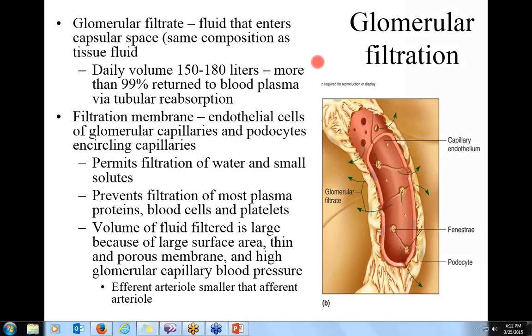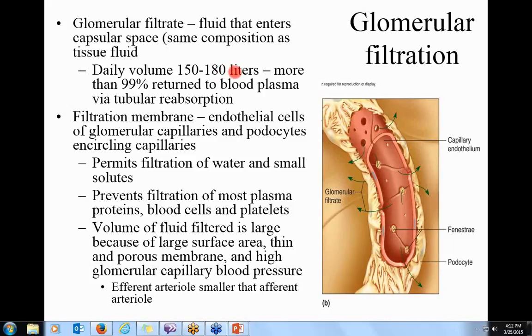Now, glomerular filtrate. I know there are a lot of words on this slide, but what I want to focus on is this part right here. Your daily volume of between 150 and 180 liters is filtered. So your blood is filtered several times a day. You only have about 5 liters of blood, so during the day, your blood is filtered a lot.